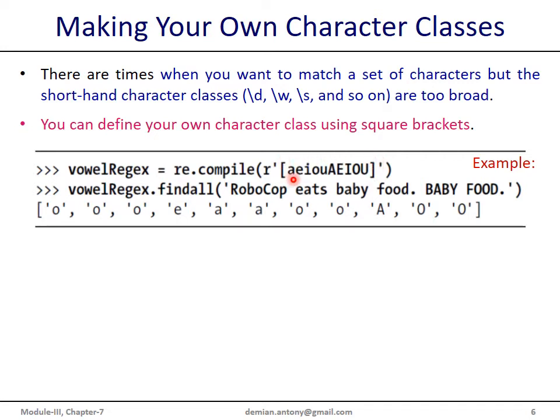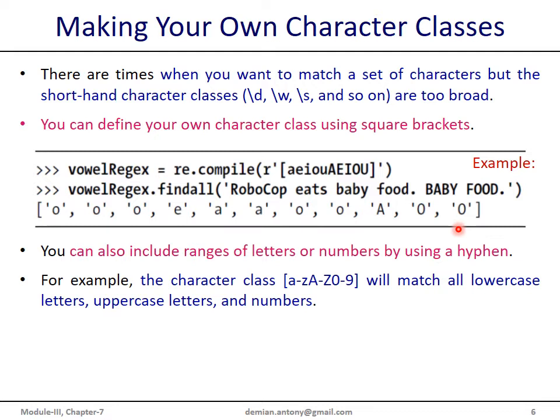We have to enclose all these vowels a, e, i, o, u, and capitals within the square brackets, and now we can retrieve all the occurrences of vowels present in a given line of text with the FindAll method. FindAll will return a list of matched vowel characters present in the given line of text. This is the result of this. You can also include ranges within the character classes by using a hyphen.